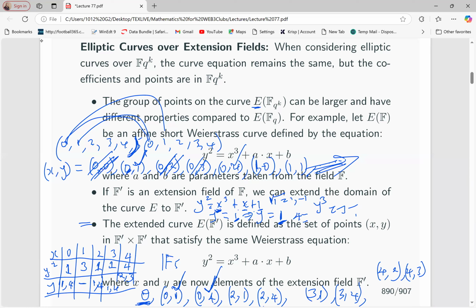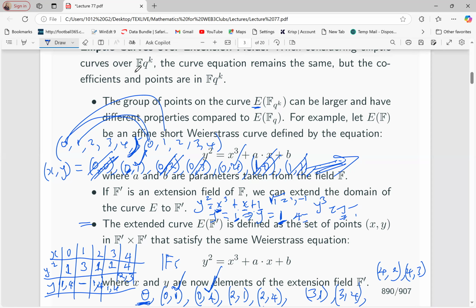But we found that there's no square root of 3 mod 5. That means when x is 1, there can never be a point, and so on. So that's the method I'll be using for this extension.